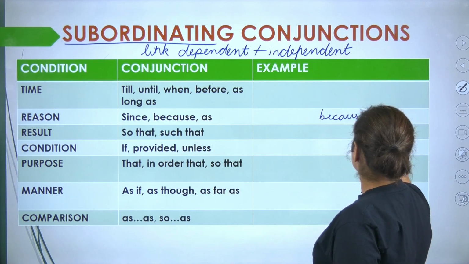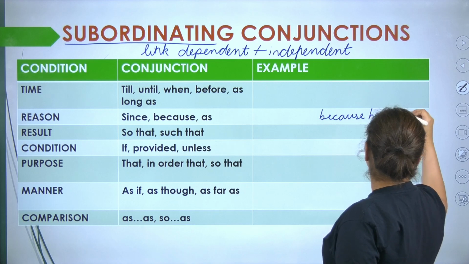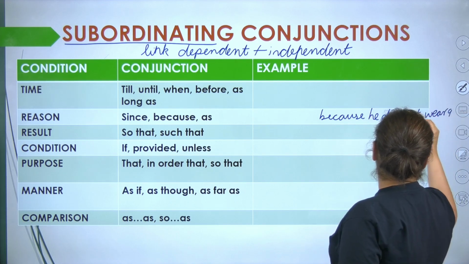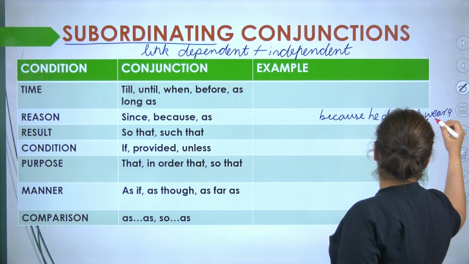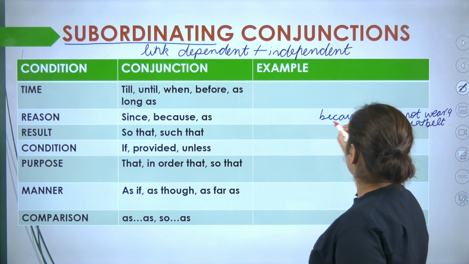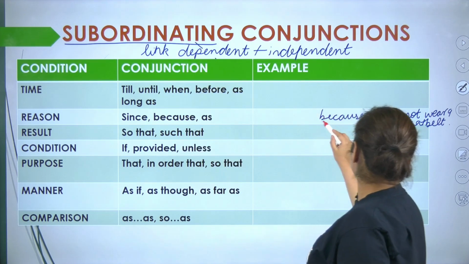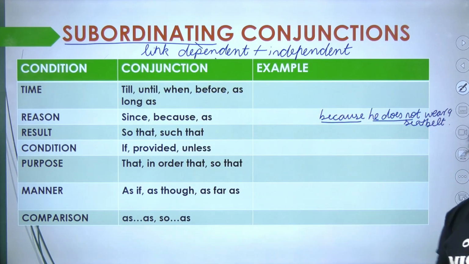Is this a complete sentence? Is it making any sense? No, right? Zero sense, because this is a dependent clause, also called a subordinate clause. It needs something with it.